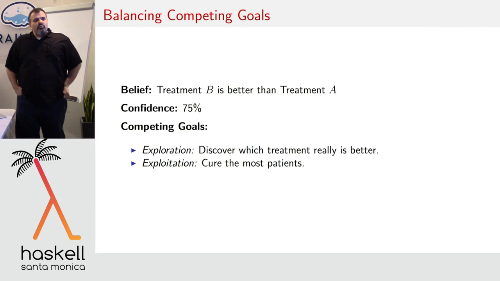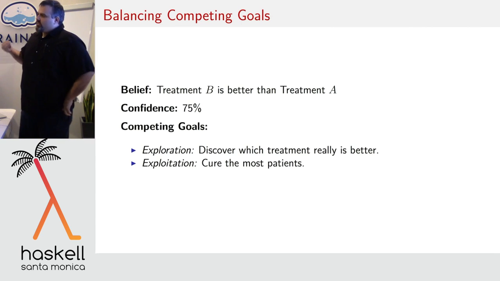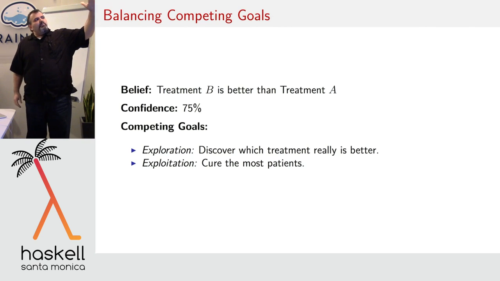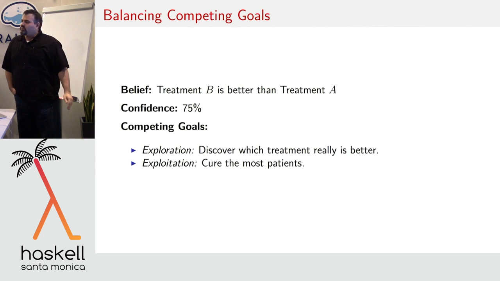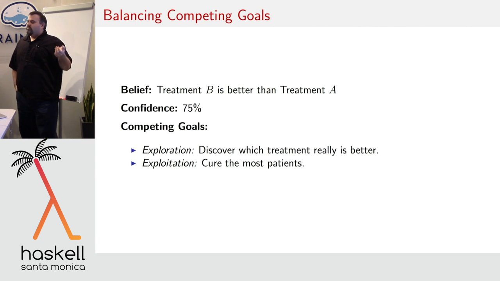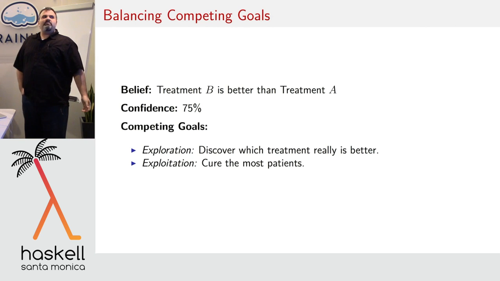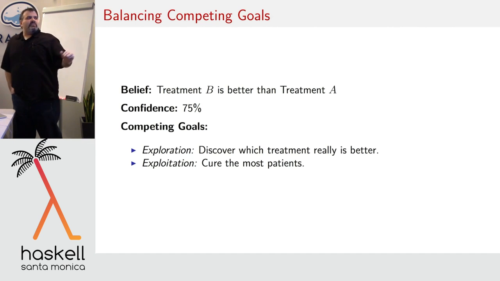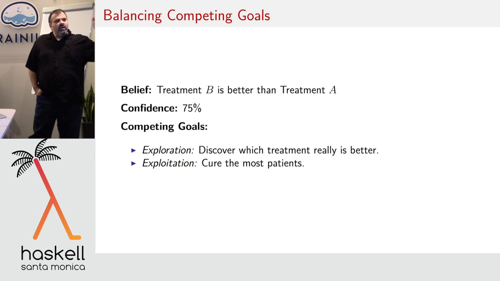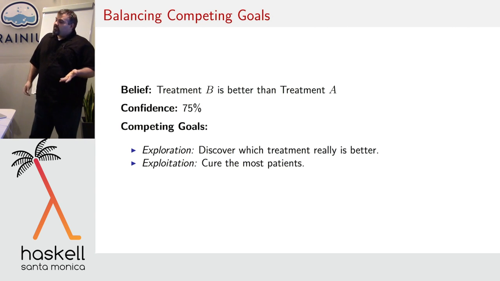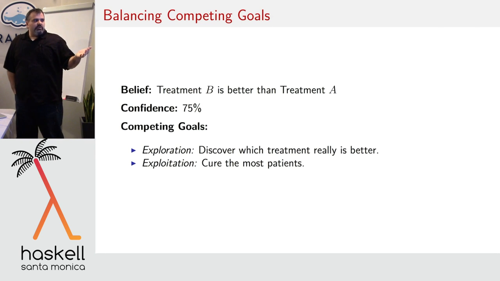So this problem naturally has some competing goals that you have to balance. Let's suppose that we start out thinking that treatment B is better than treatment A, at, say, 75% confidence. How did we get that confidence? I don't care right now, just run with it for a moment. We have some competing goals when we decide what treatment to give to what patient.